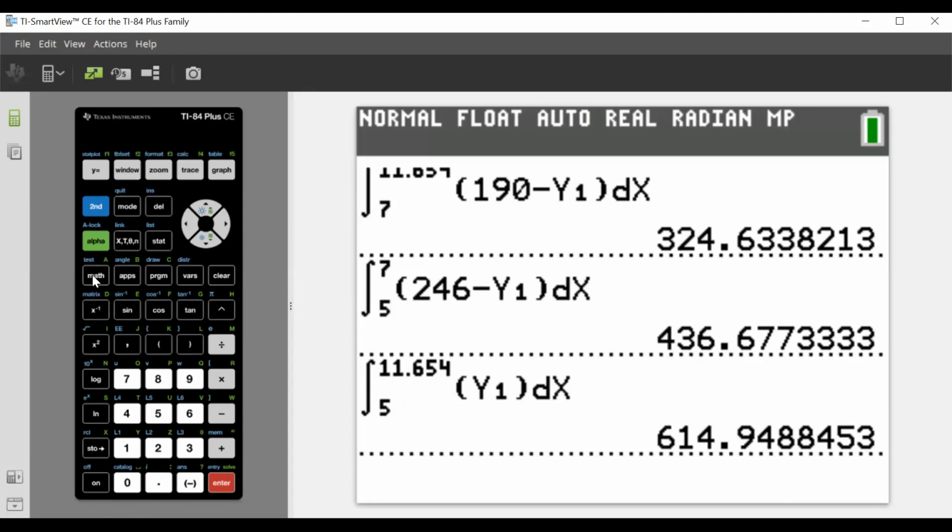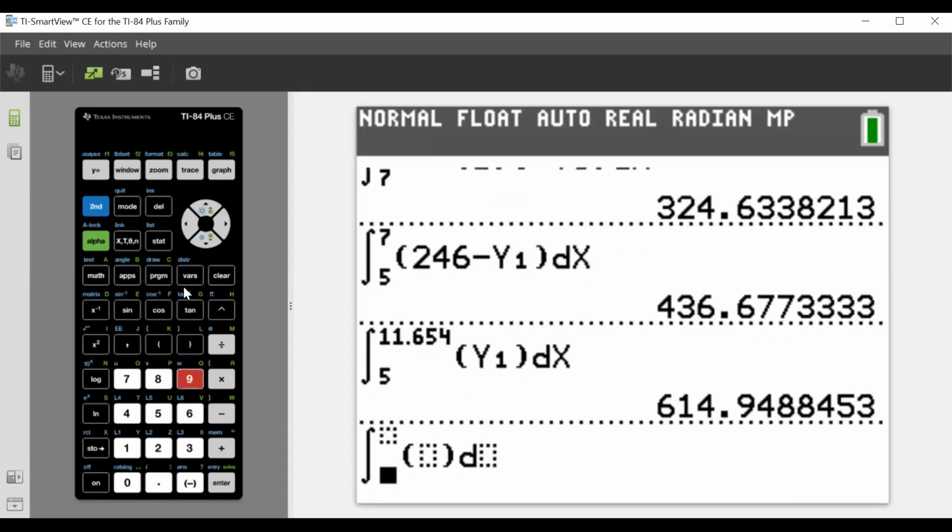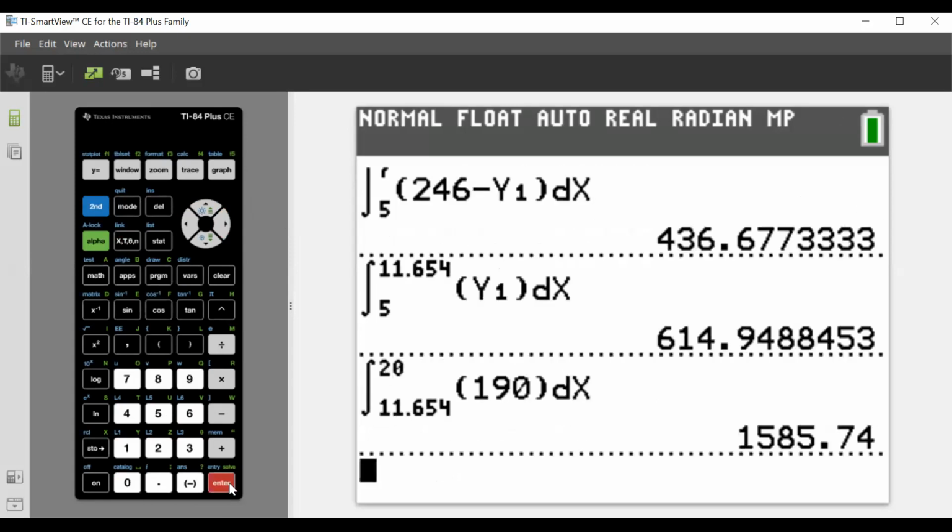And then our other one, it was from math 9, going from the 11.654 up to our 20 of just our 190, and then our x. And so that's 1585.74.